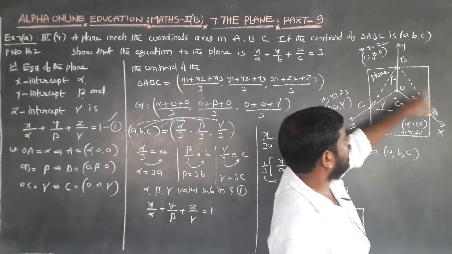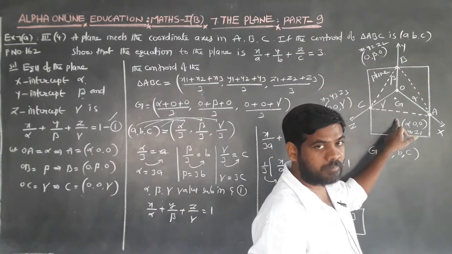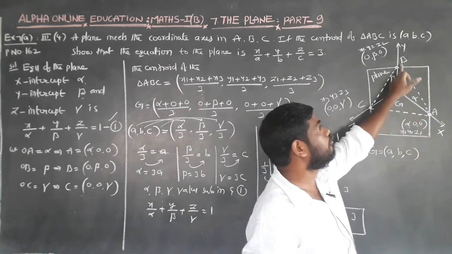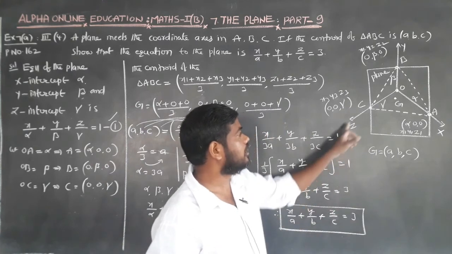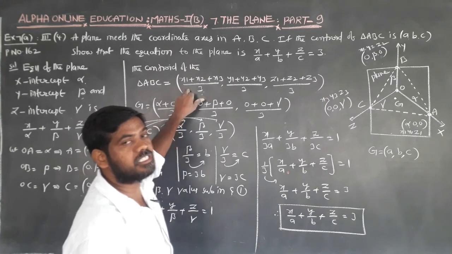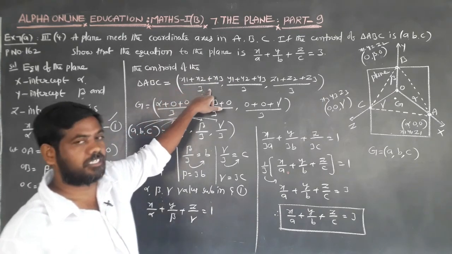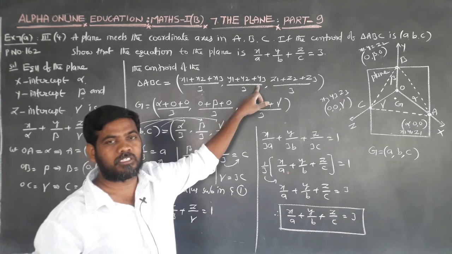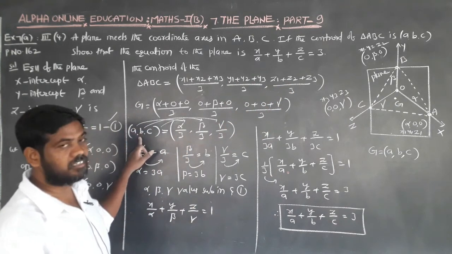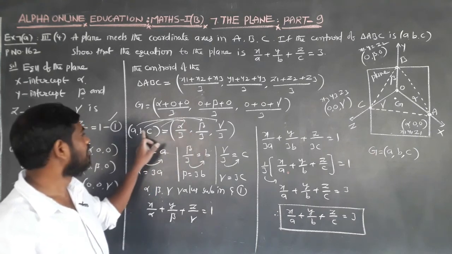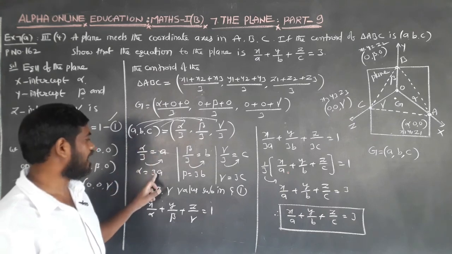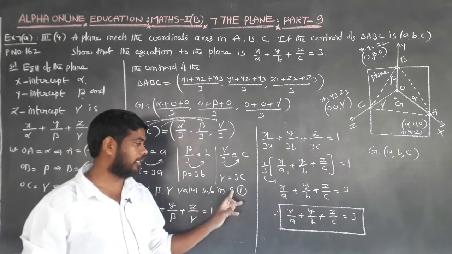The three points A, B, C joined form a triangle. Let the vertices be A (x1, y1, z1), B (x2, y2, z2), C (x3, y3, z3). The centroid of triangle ABC is ((x1 + x2 + x3)/3, (y1 + y2 + y3)/3, (z1 + z2 + z3)/3). Equating the centroid to (a, b, c), we find the values alpha, beta and gamma.